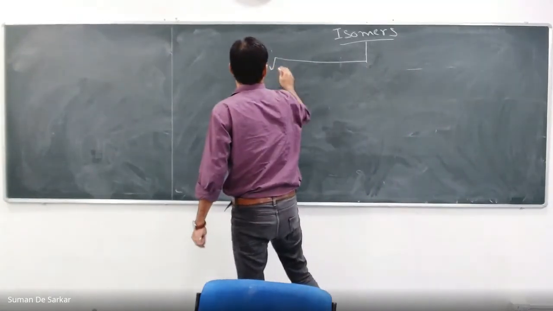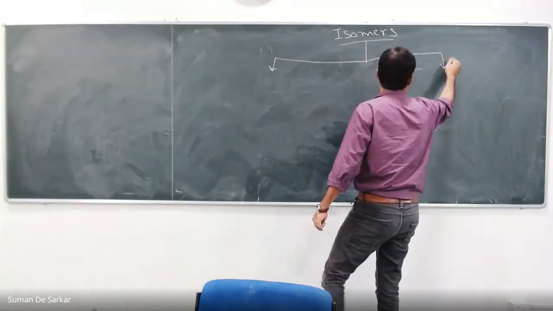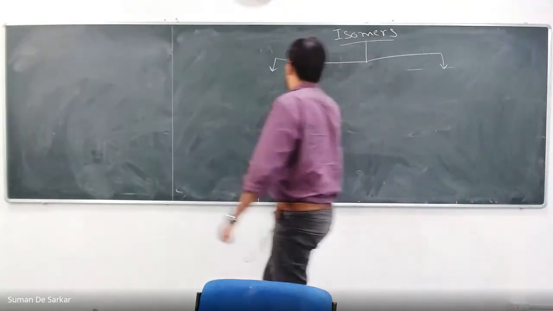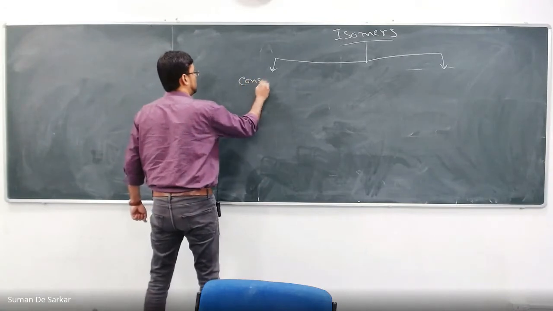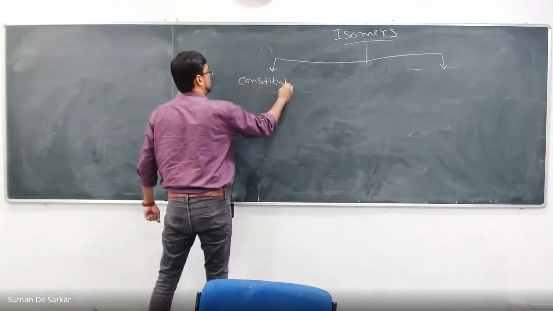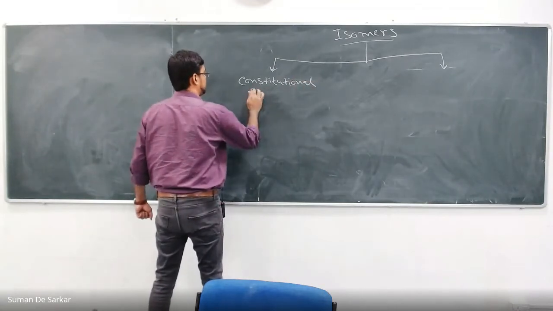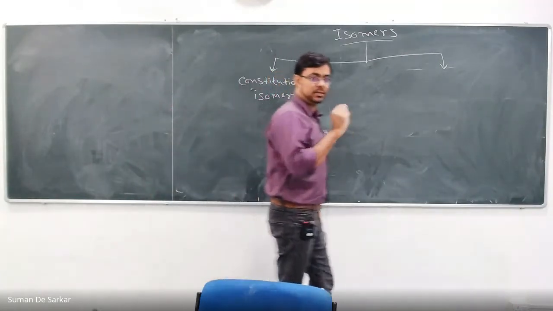Now, if you see the classification or division of isomers, there are two. One is constitutional isomer. Another is stereoisomer.